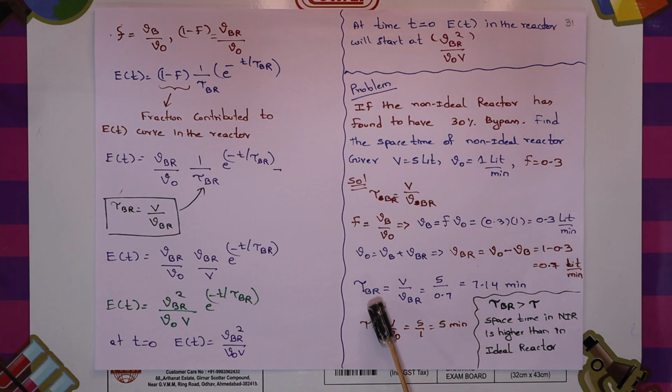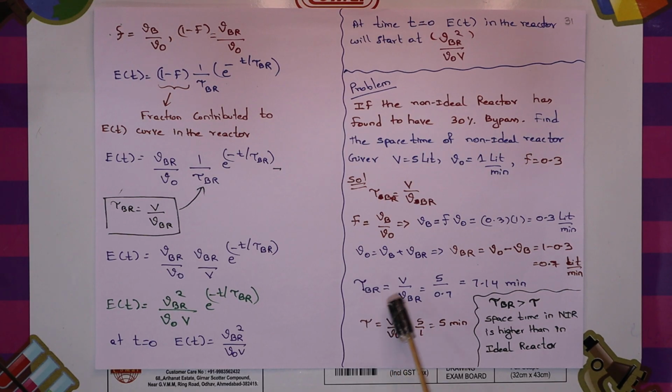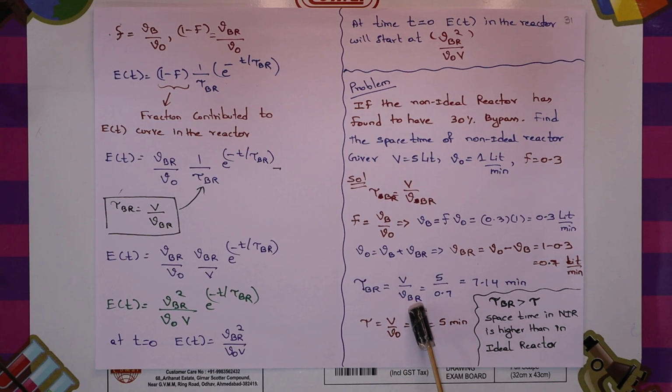Then let us find the actual space time in the reactor, that is the total volume of the reactor by the volumetric flow rate that goes through the reactor. That is 5 by 0.7, which is equal to 7.14 minutes. Therefore tau is equal to volume by volumetric flow rate.